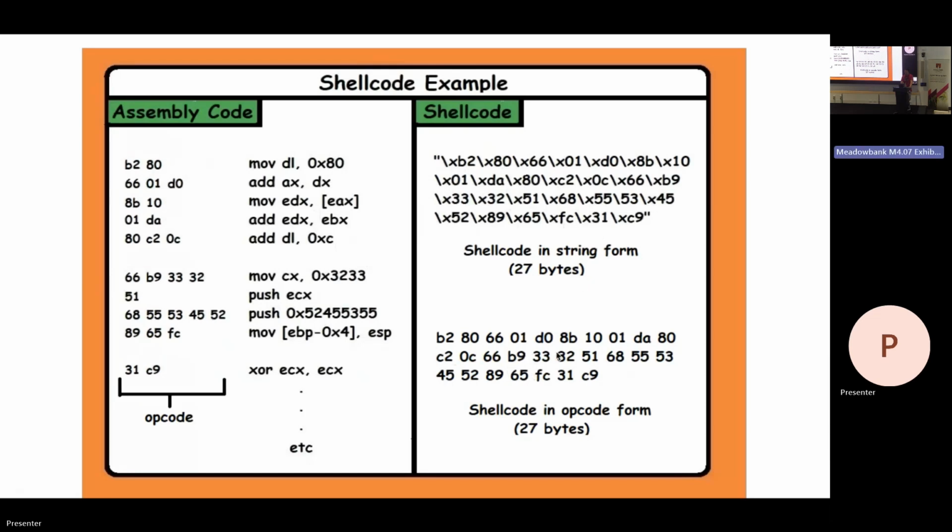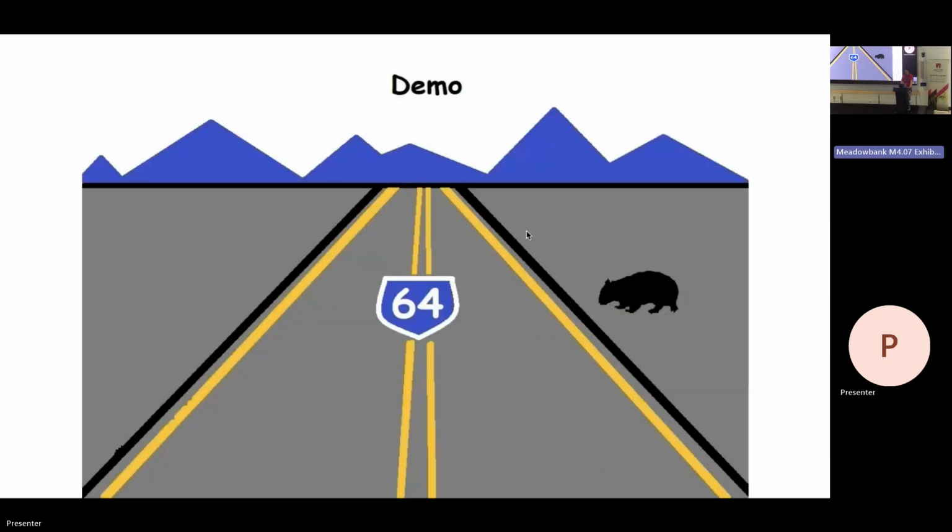And some shellcode are in just plain opcode form. Most of the time when doing binary exploitation, we would be using this kind of shellcode form. And we have the final one, the demo.